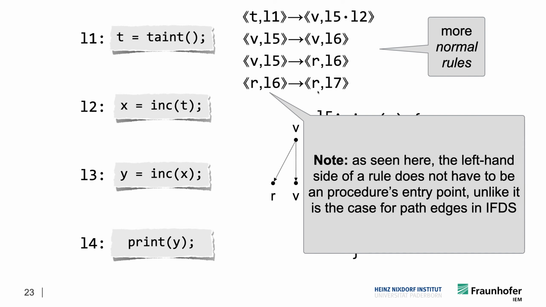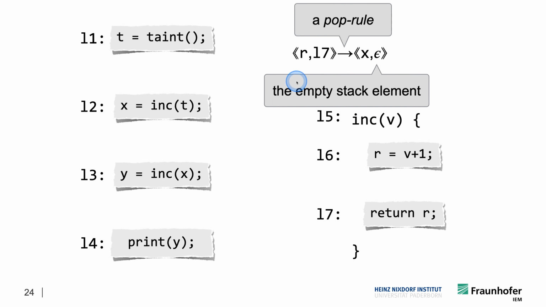Now, when we get to this return statement, we then have a pop rule, right? So we have such a rule here that tells you, assuming that R is tainted at line 7, we pop this line 7 off the stack and we taint X in this case, because X is the variable that needs to be tainted in the caller's context, right?